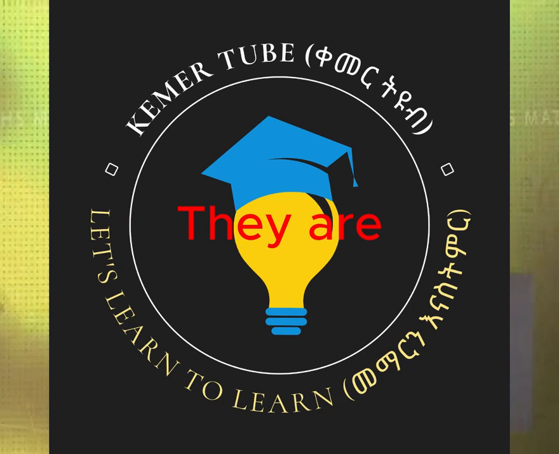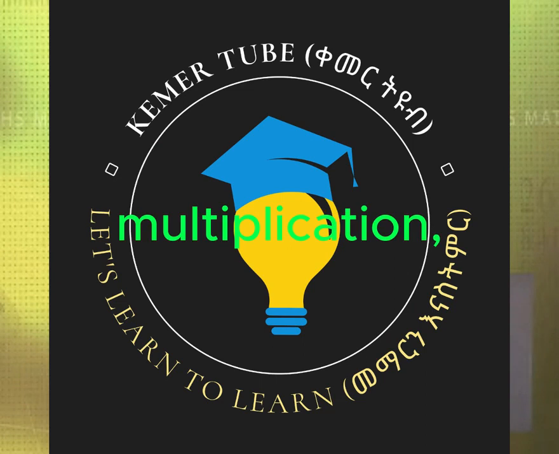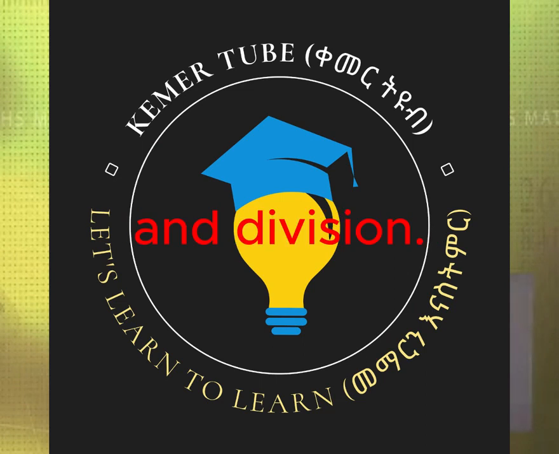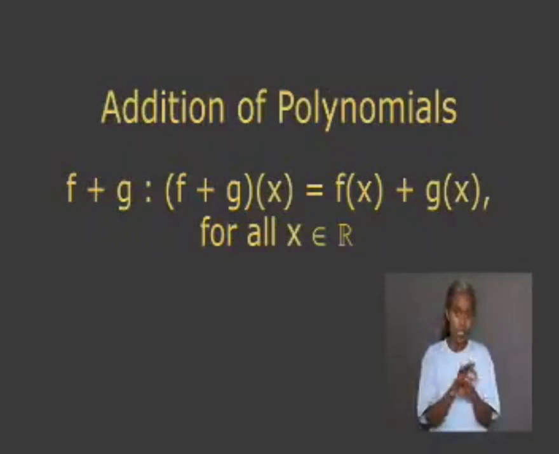They are addition, subtraction, multiplication, and division. Addition is the simplest operation. The sum of 2 polynomial functions, f and g, is written as f plus g and expressed this way.